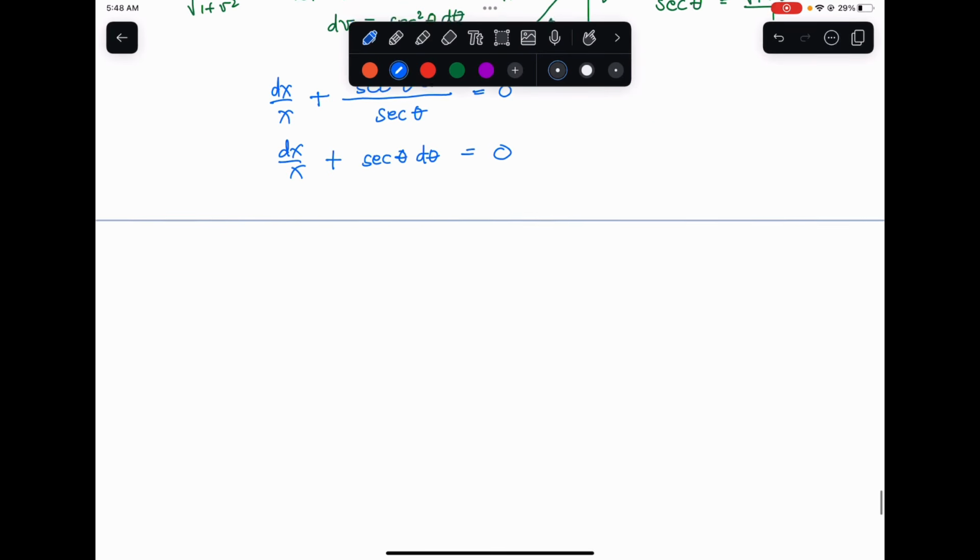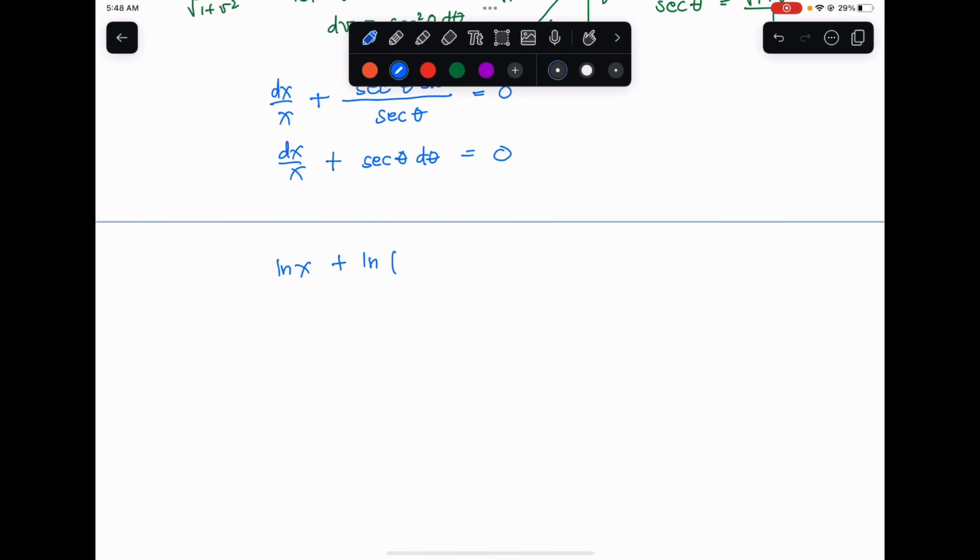So now we integrate. So dx over x is ln x. Then the integral of secant theta is ln of secant theta plus tangent theta, equal to c. So we can combine the two as ln of x times secant theta plus tangent theta is equal to c.